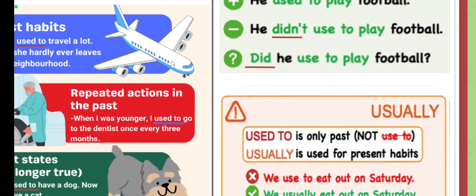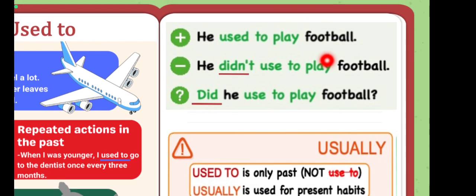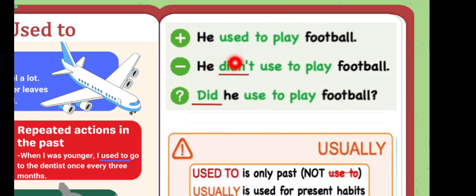So here on the right side we have the structures. For affirmative sentences we use the noun. After that we use used to. After that we use the basic form of the infinitive, and finally we use a complement. Now for negative sentences we have to be really careful because we use the auxiliary did.